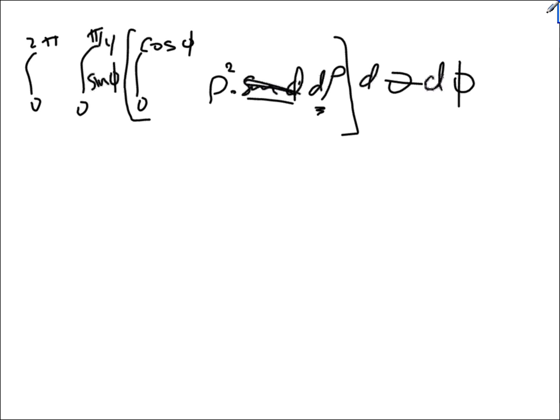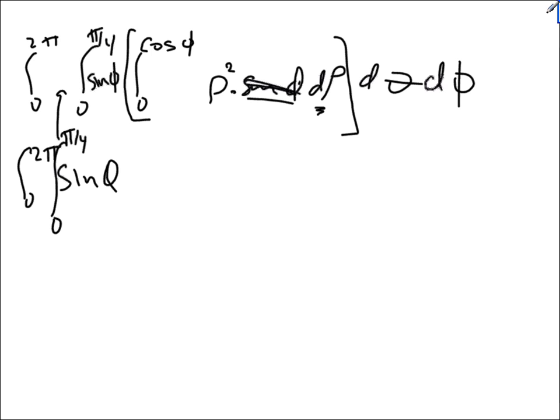If you think about it, possibly you could have brought it in front of that second integral. You may or may not be able to. I'm not even deciding that. Sine phi, excuse me, 0 to pi over 4 sine phi.